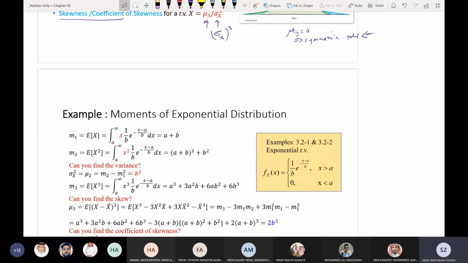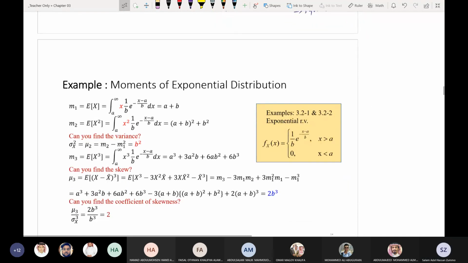Let's have an example. We have the exponential distribution. The exponential distribution has this PDF. It's exponential, starts at a and then decays. It decays with a speed which is equal to 1 over b. So what is the expected value of x?